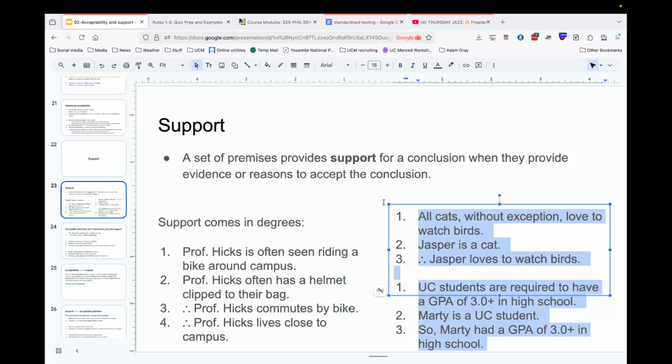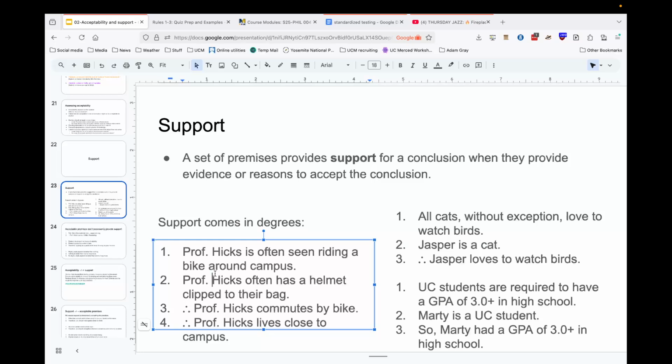So when we're talking about arguments where the premises are supposed to give an absolute guarantee for their conclusion, then we can bring in the kind of tools that you learn about if you take Phil 5. The problem is these kinds of arguments are pretty rare out in the real world. So the focus of this class is on arguments like we have on the left-hand side, where the premises provide some support for the conclusion, but not an absolute guarantee.